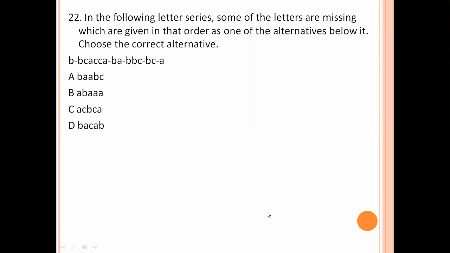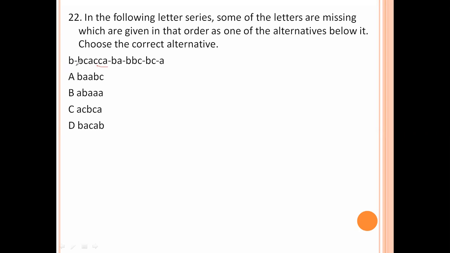In the following letter series, some of the letters are missing, which are given in that order in one of the alternatives below it. Choose the correct alternative. B, C, A, C, C, A. So B, C, A: which one do we get?